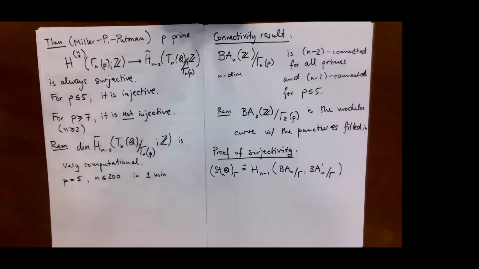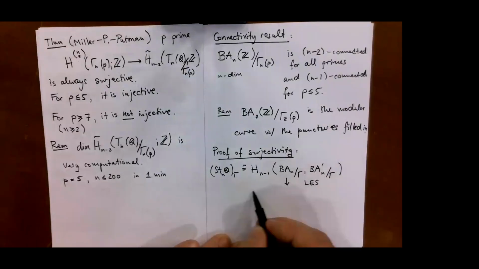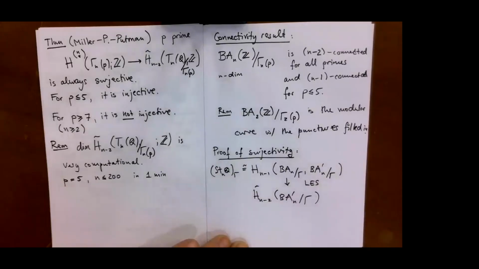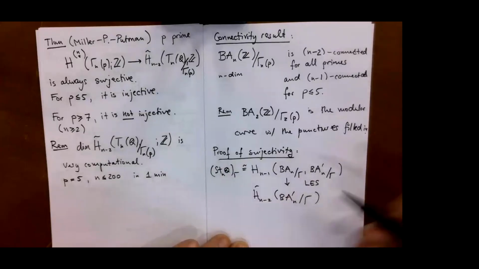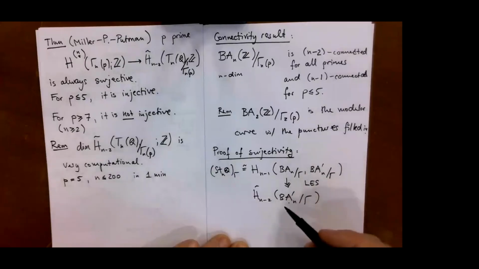Then we can again use the long exact sequence to get a map to H n minus 2 of BA prime n gamma. In general, the next group in this long exact sequence is always 0, so this is always a surjective map.